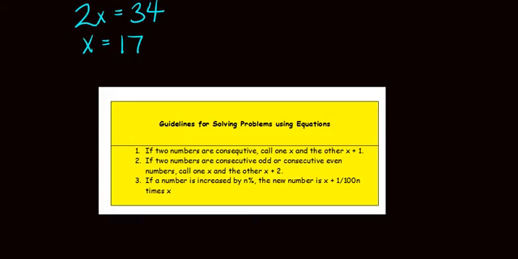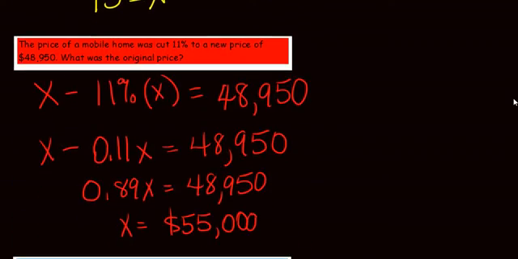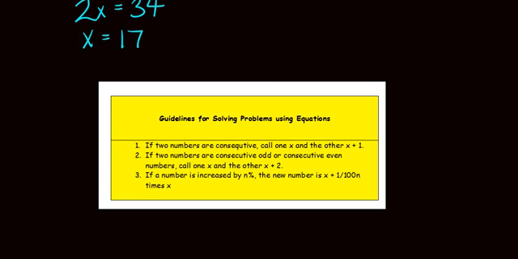Just like what we did up here in this red problem. Our percent was 11, and 11% of whatever that unknown number was. And so we divided 11 by 100 to put it into decimal form to help us work out our problem. So when we do our word problems, we're going to try to follow these guidelines to help us through. And we can do this. I have faith in you.